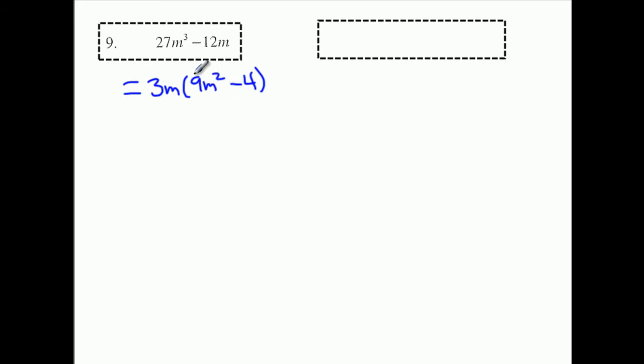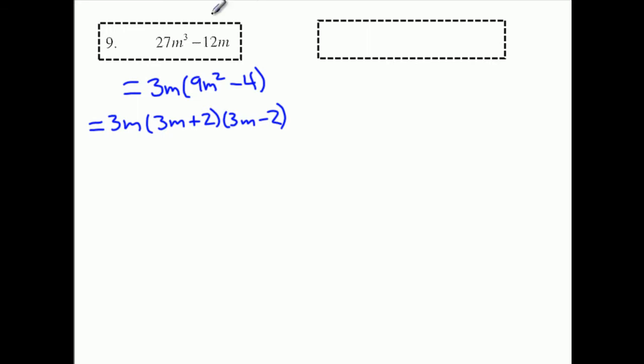And you can get 9m squared by multiplying 3m by itself, and you can get 4 by multiplying 2 by itself. So you can write 9m squared minus 4 like this: 3m plus 2 and 3m minus 2.